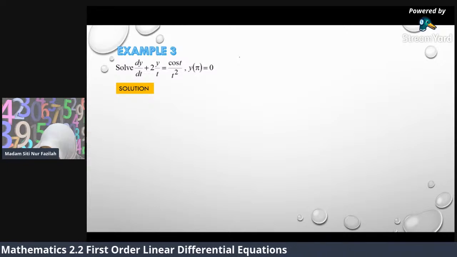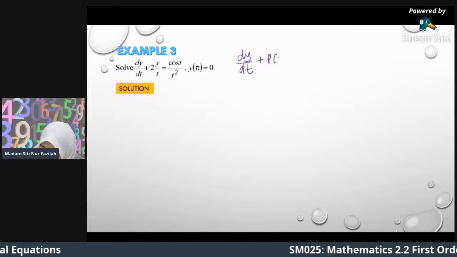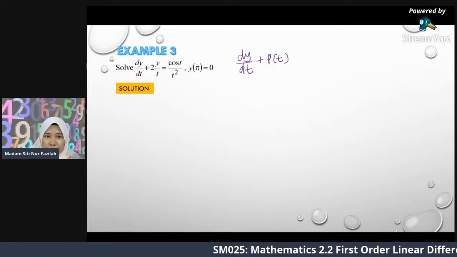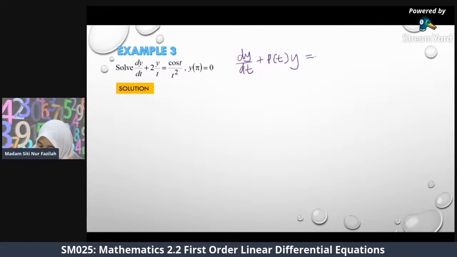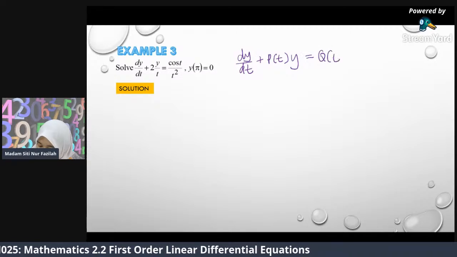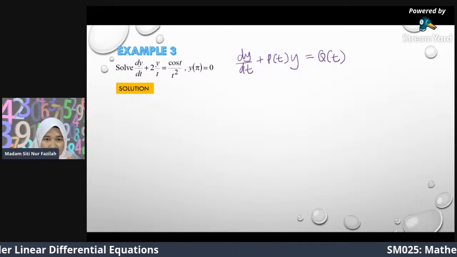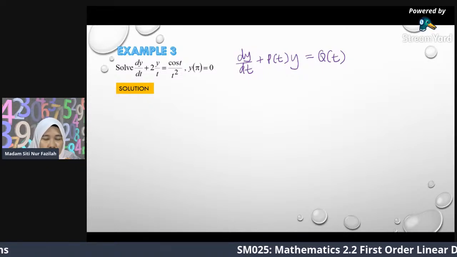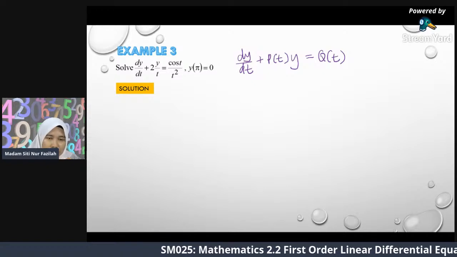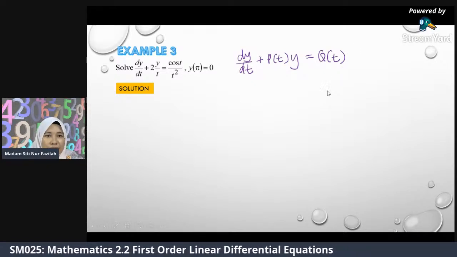The standard form is dy over dt plus p(t) y equal to q(t).